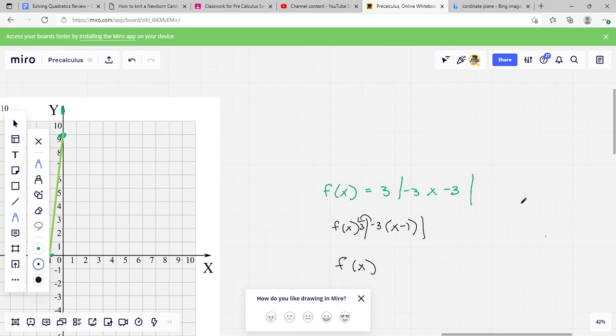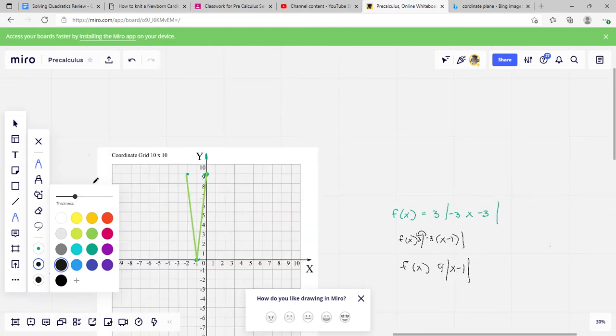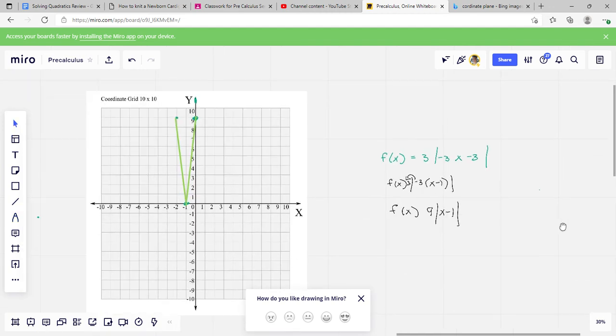Alright, so we're going to take the absolute value of that, and that is 3, and then 3 times 3 is 9, times the absolute value of x minus 1. Now that should work out to where our values would work properly. So let's see.